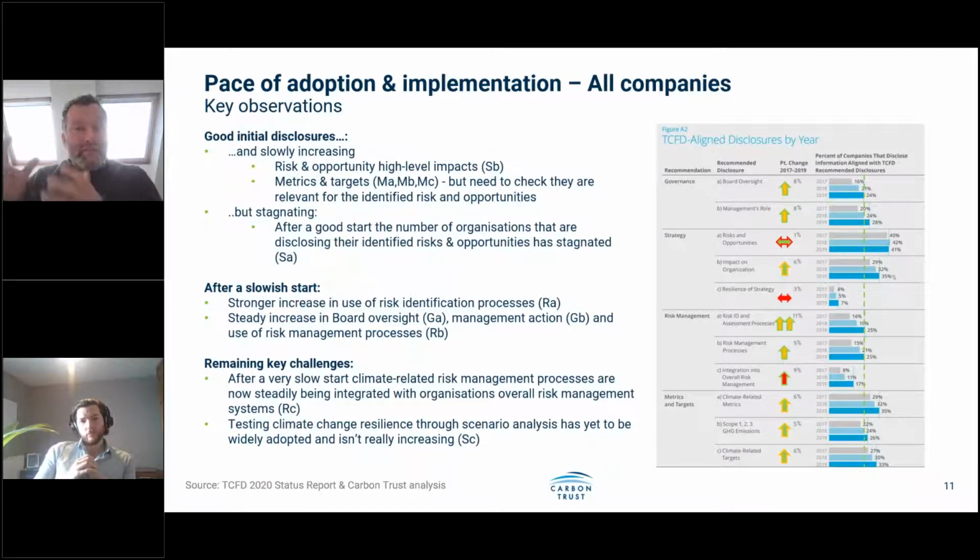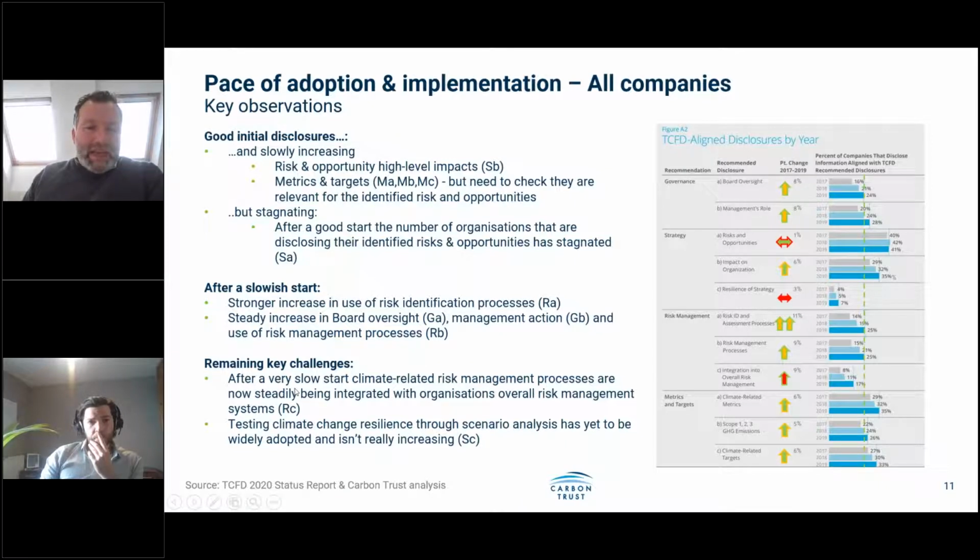Do you have a process for flagging up those climate change risks, for assessing them, categorizing them, prioritizing them, and then including them, where relevant, as principal risks on your risk register? And you can see that this is the area where there's been the greatest amount of growth in terms of that risk identification and assessment process. And I can only see that increasing as time goes on.